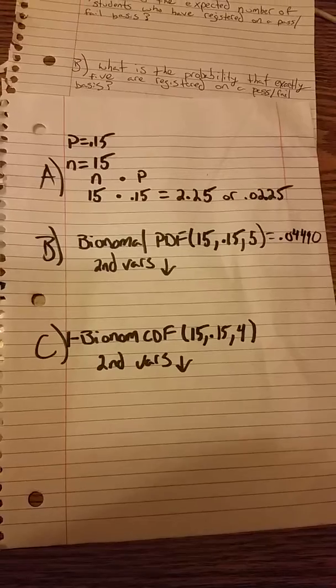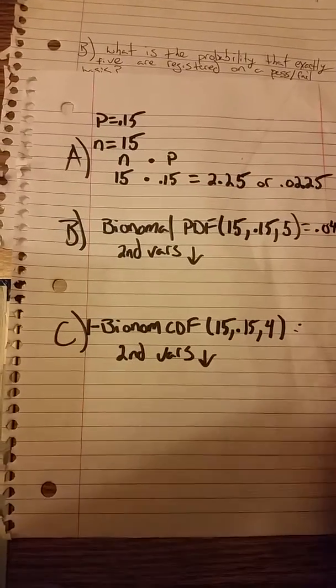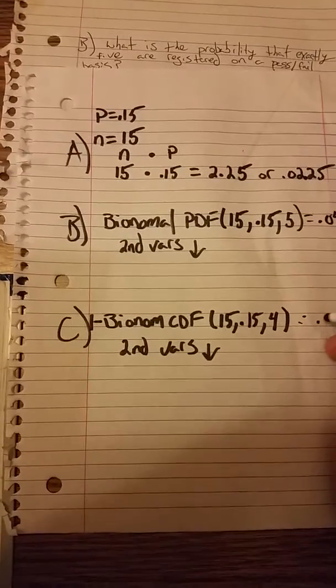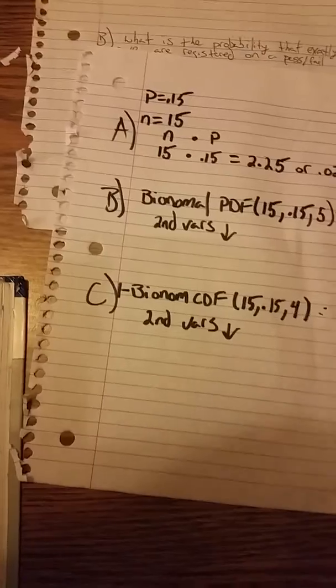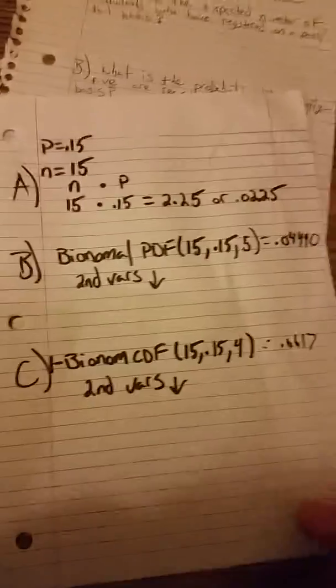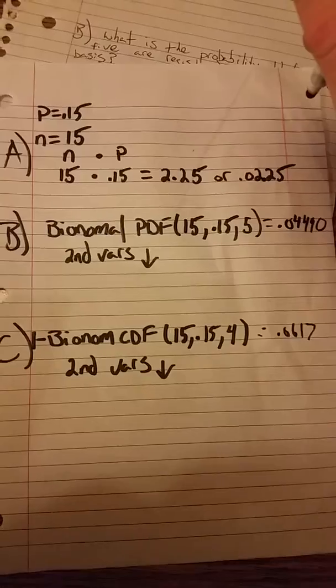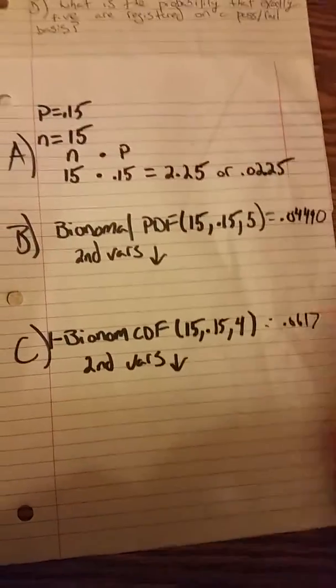So when you do this, your answer comes out to 0.0617. So 6% cumulative of students, 4 or more, are registered on a pass-fail basis.